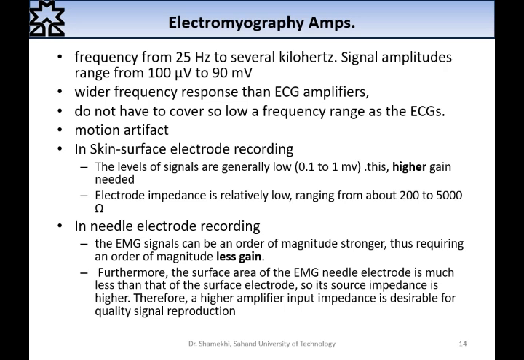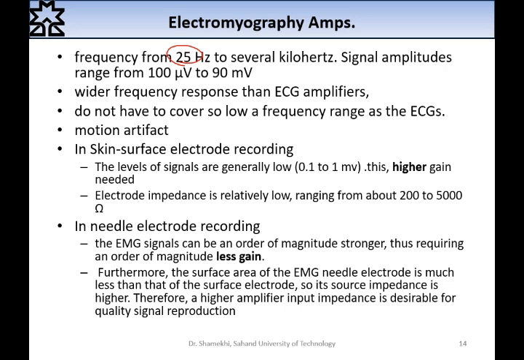Motion artifact problems in this signal because of the movement of the body are important, but because of the minimum required frequency, we can remove all the motion artifact using a high pass filter, because the motion artifacts' frequency content is below 10 Hz, and using a high pass filter will remove all these bad motion artifacts.